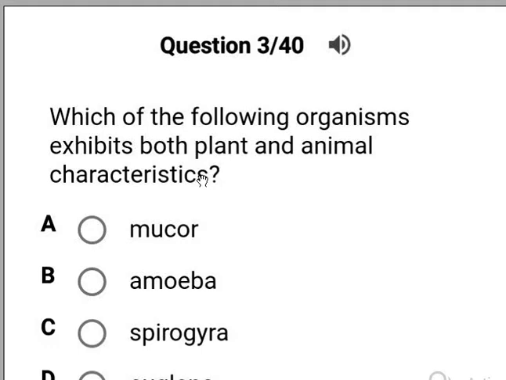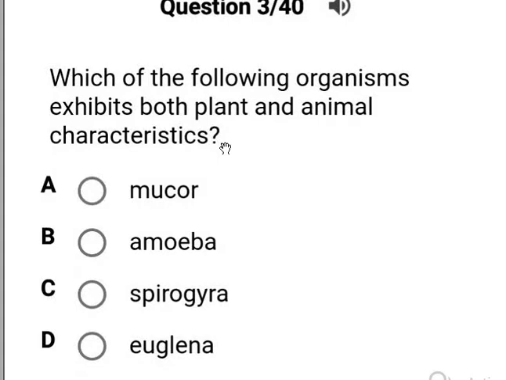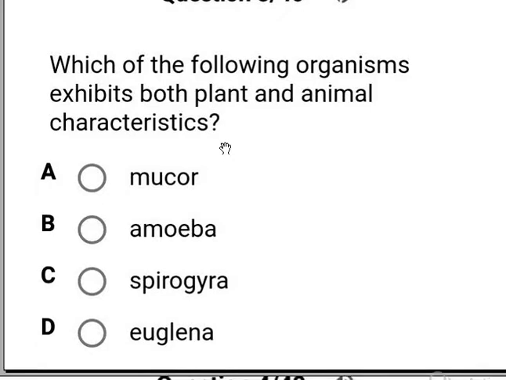Question number 3 says, which of the following organisms exhibit both plant and animal characteristics? A. Mucor, B. Amoeba, C. Spirogyra, and D. Euglena. So looking at the options, the correct answer is Euglena. Why?